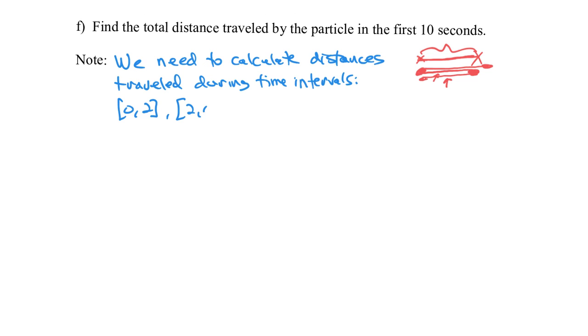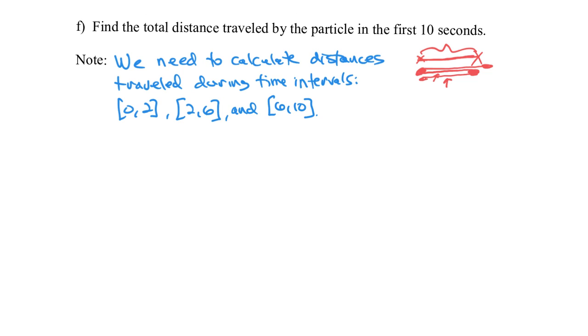Also between 2 and 6 seconds, that distance. And also between 6 and 10 seconds. So we need to just individually find these distances and then add those 3 up, and we'll have the total distance traveled in the first 10 seconds. So let's do these one at a time.